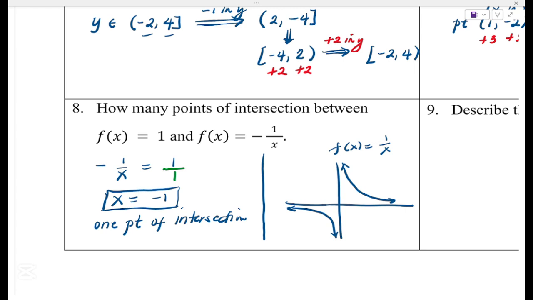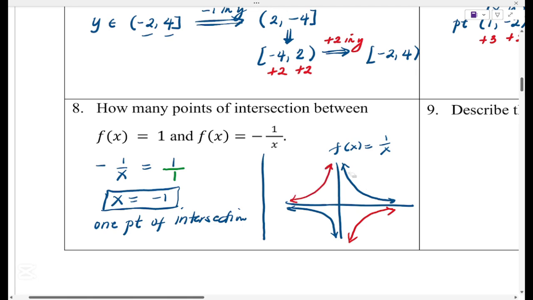And then, if we want to graph the negative of 1 over x, you can see here that we multiply by negative in the y. So the reflection is about the x-axis. So this graph here will be reflected on the x-axis. It will be like this. And this graph here will be reflected on the x-axis like that.